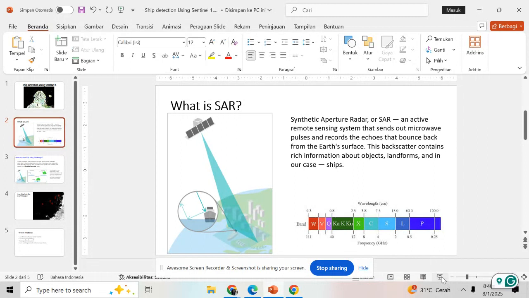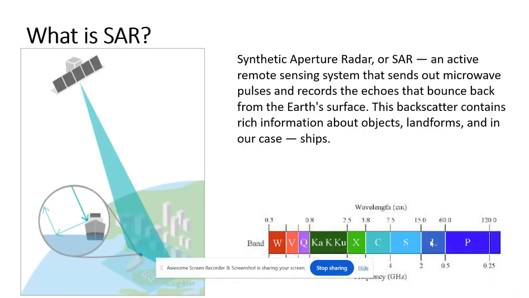SAR, or Synthetic Aperture Radar, is an active remote sensing system that sends out microwave pulses from the satellites and records the echoes that bounce back from the Earth's surface. So the signal comes and goes back to the satellite.